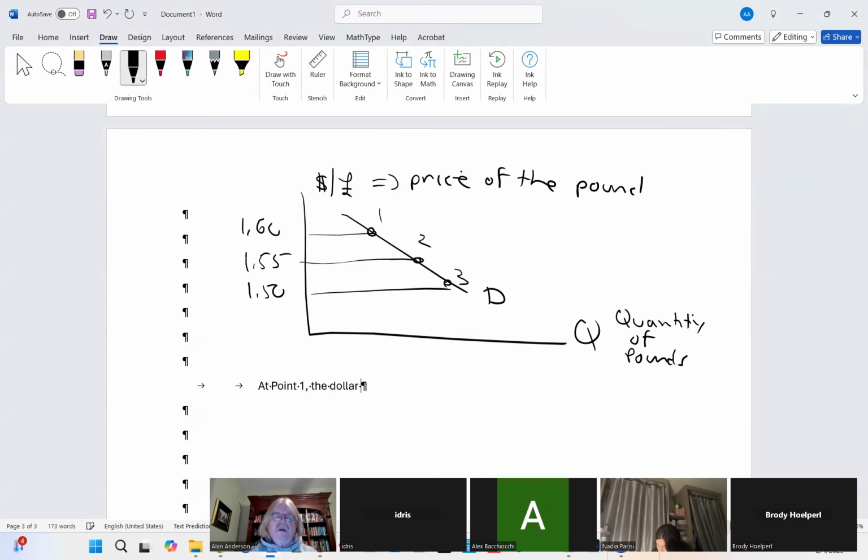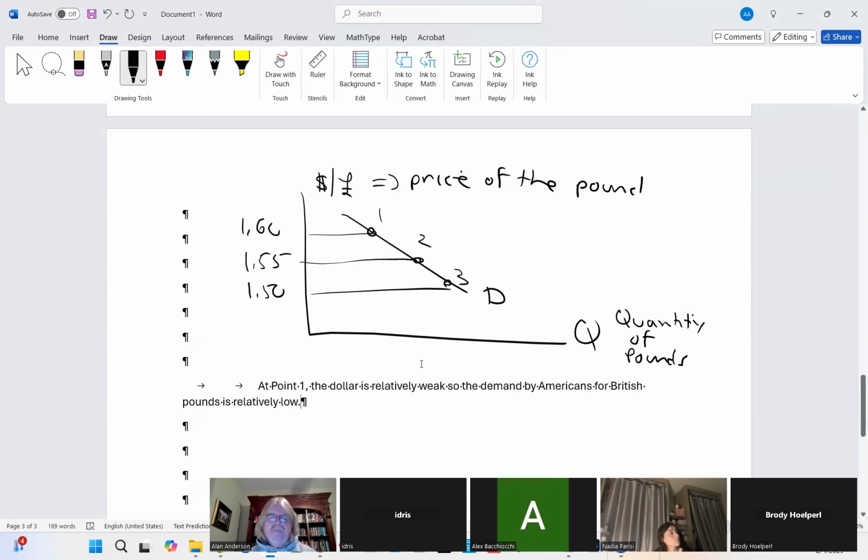the dollar is relatively weak. So the demand by Americans for British pounds is relatively low. But if you notice, as we move down the curve, from 1 to 3, the dollar is getting stronger.